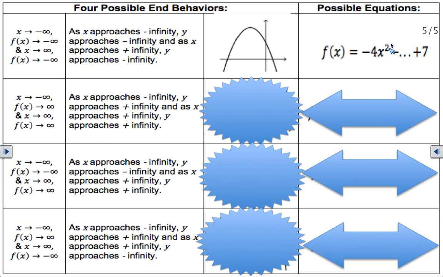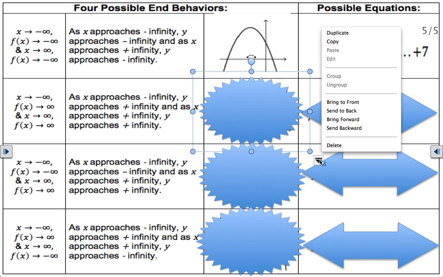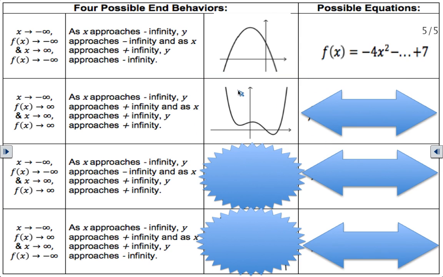All right, let's look at the next scenario. The end behavior is the left side of the graph is going up, and the right side of the graph is going up. So I know I will have an even power or degree, and let's look at this one. Both of these are going up, so that's exactly what I need for my graph.